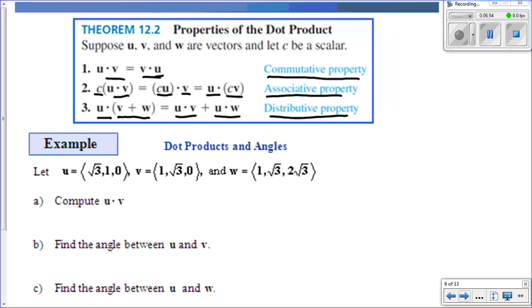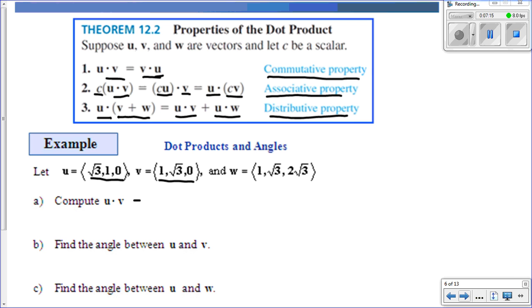Now, let's find u dot v using the components. Here we're given that u is (square root of 3, 1, 0), and v is (1, square root of 3, 0). We don't need to draw those two vectors in the plane and figure out the angle between them.